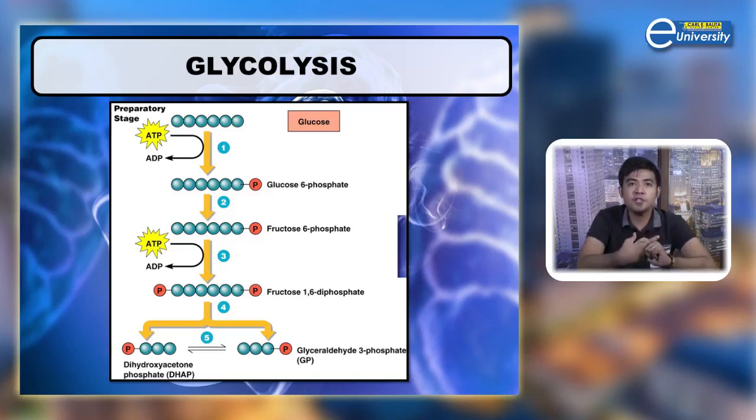phase. Energy investment means that in the process of glycolysis, we have to invest two molecules of ATP. In the diagram, you can observe the two yellow molecules; the two molecules of ATP were invested in the process.